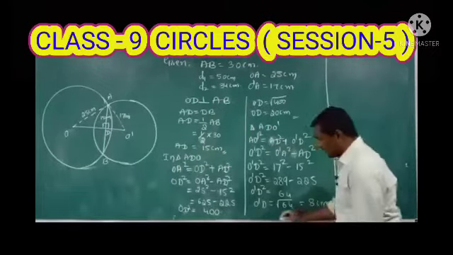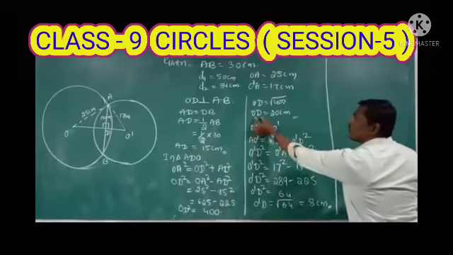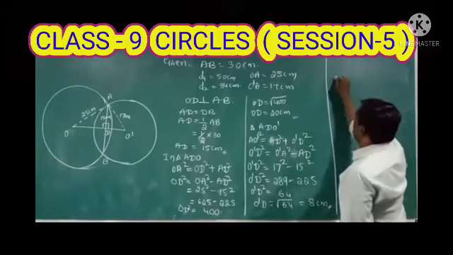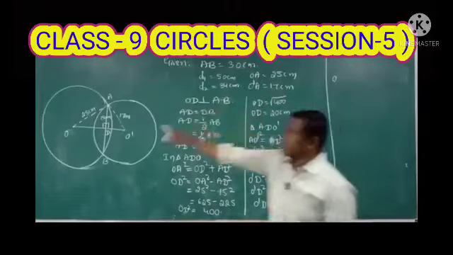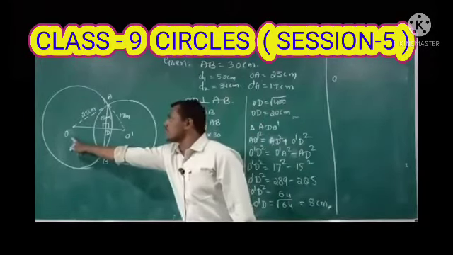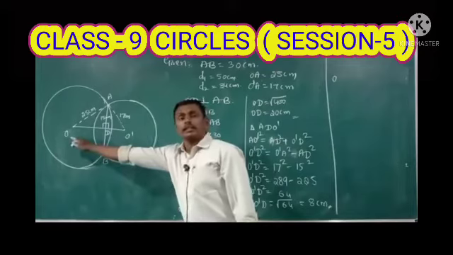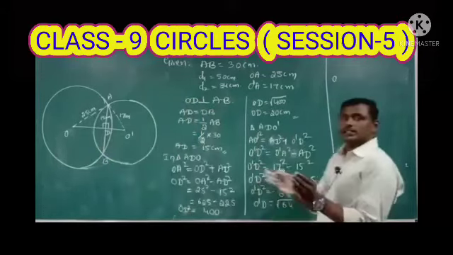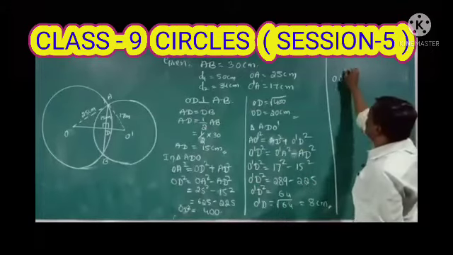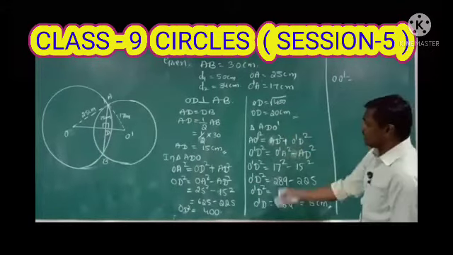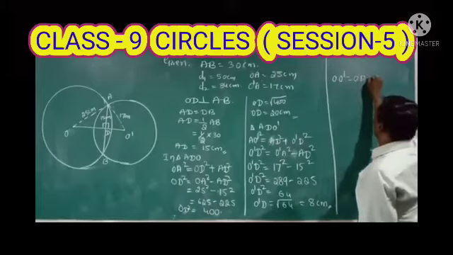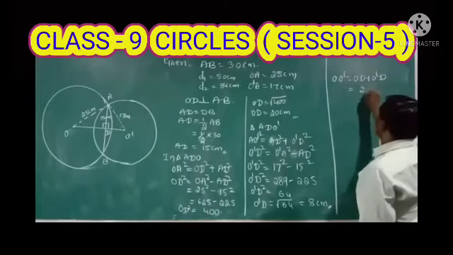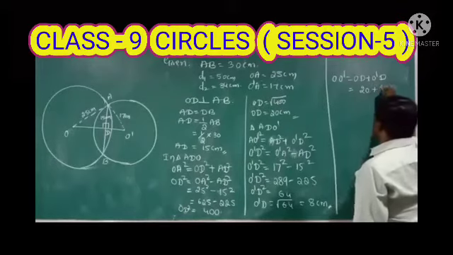Here you are getting two values, that is OD and O dash D. So what we need to find here? The total distance between the centers of the circles. What is the total distance, right? So OO dash is equal to, by adding these two, OD plus O dash D. OD is 20 centimeter, O dash D is 8 centimeter.